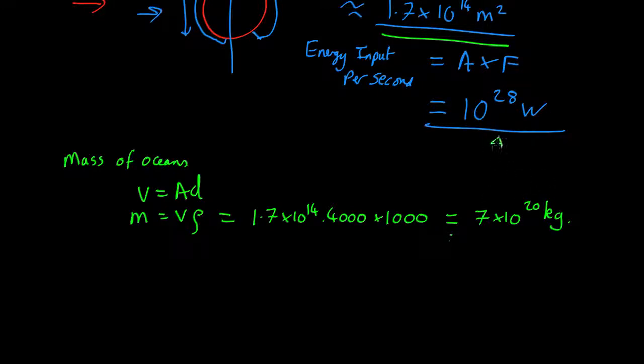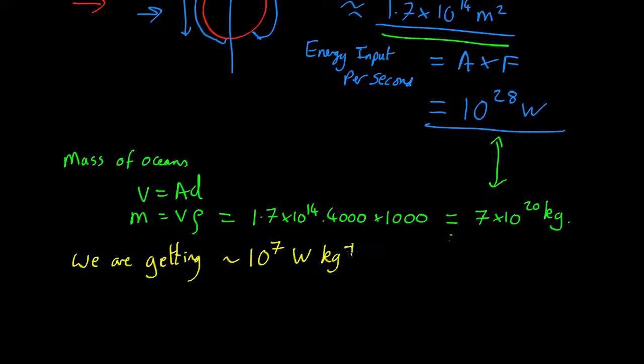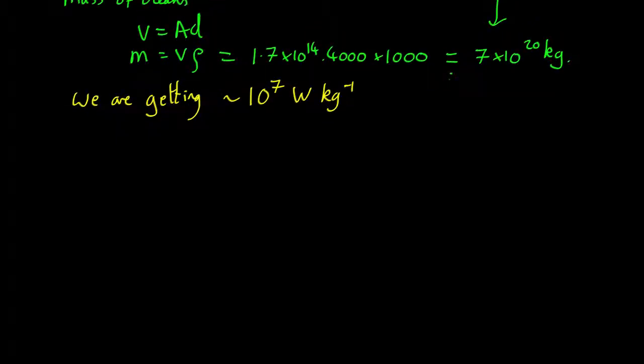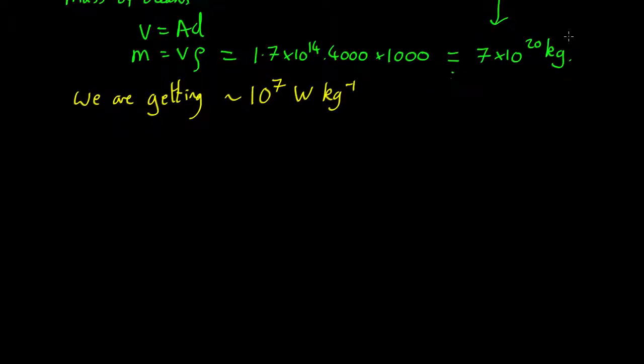So if you compare these two numbers, you can see we're getting about 10 to the 7 watts per kilogram of ocean. So 10 million joules of energy every second to every kilogram. So how much will that warm the ocean up?